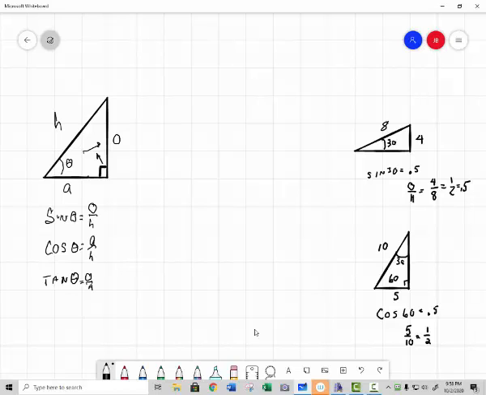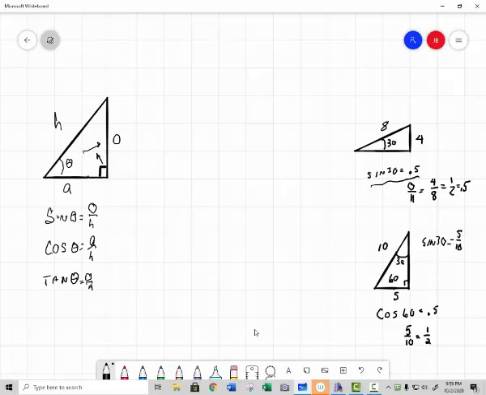Now, the side opposite that 30 is 5, and the hypotenuse is 10. Well, guess what? We end up with the sine of 30 is 0.5. It's simply the ratio of the sides of the triangle with the hypotenuse or the tangent.